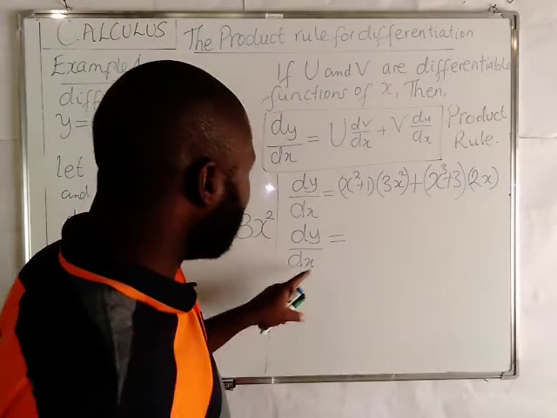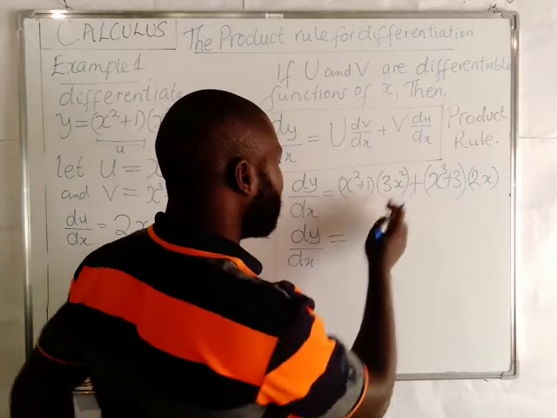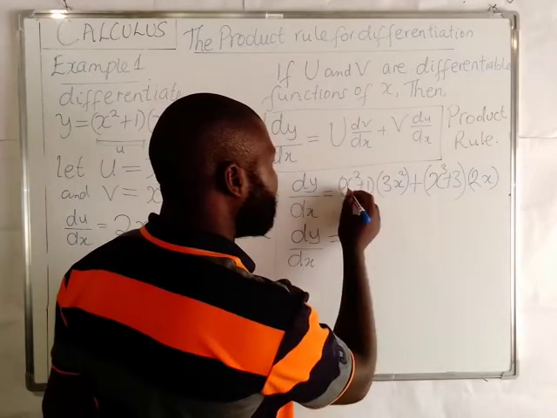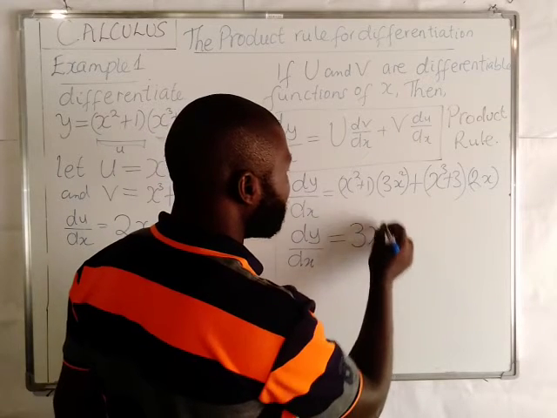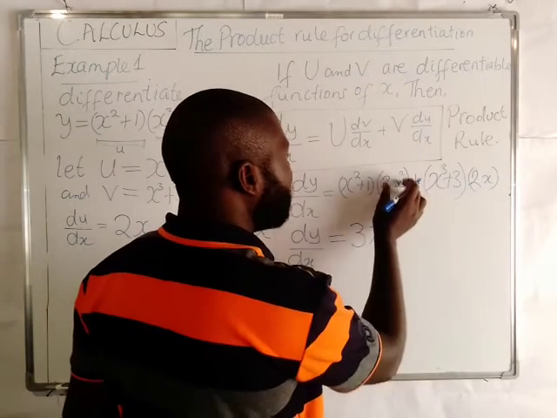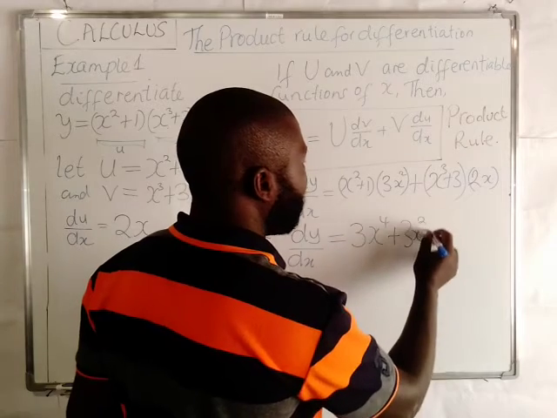So for dy dx, we need to multiply this and this, so that we get this one and this one. 3x squared times x squared, we shall get 3x power 4. Plus 3x squared times 1, we shall get 3x squared.